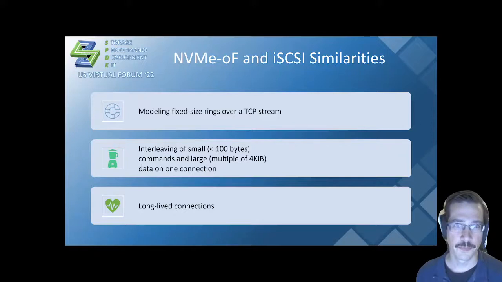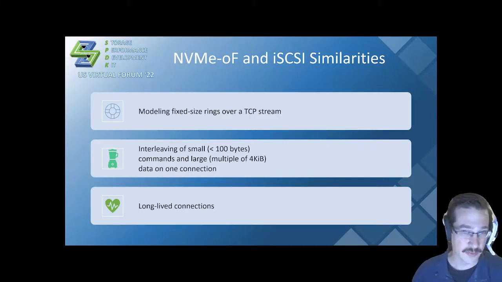All of the networking operations we typically see are this sort of a blender, as I have there, of small and large packets. The data is always a multiple of 4K, a block, but the commands are small and they're all interleaved on the same stream. So we have this mix of small packets and large packets.